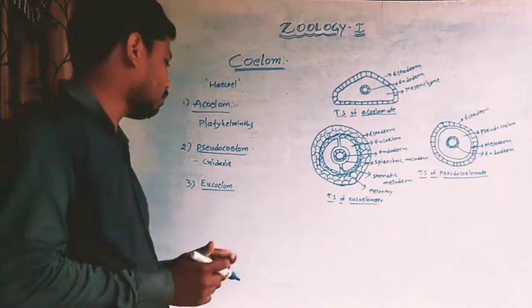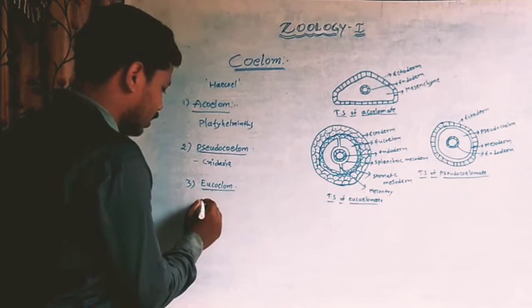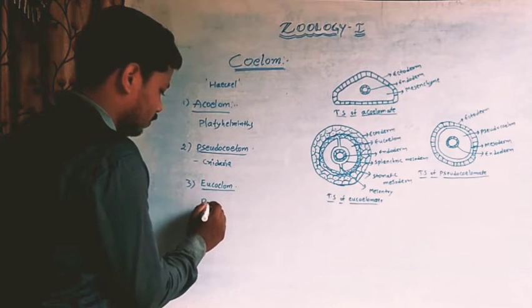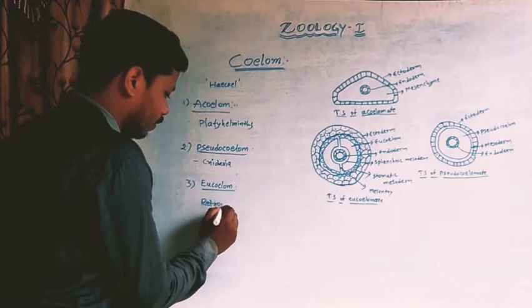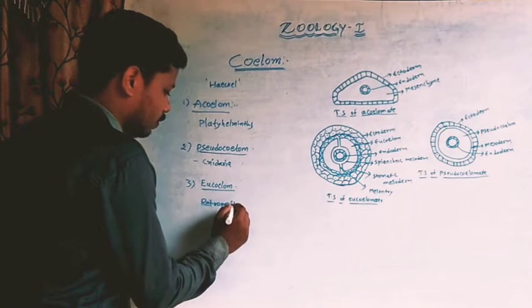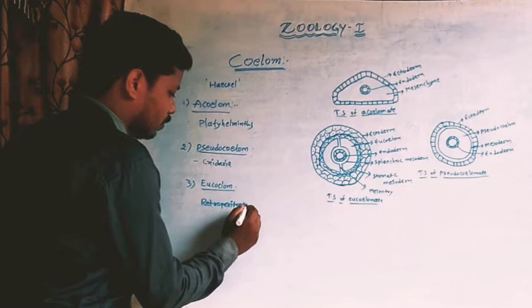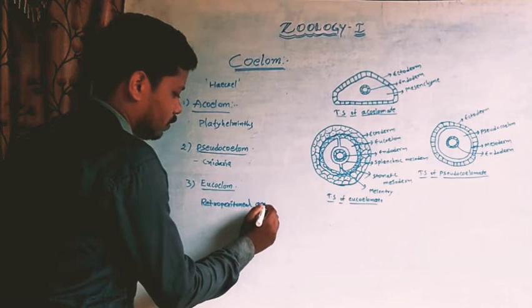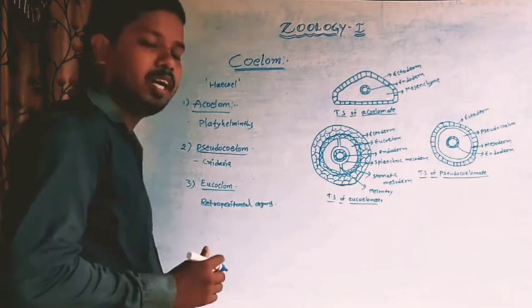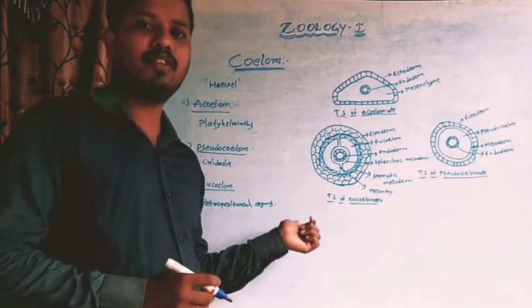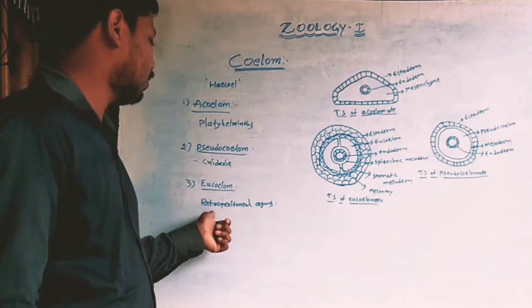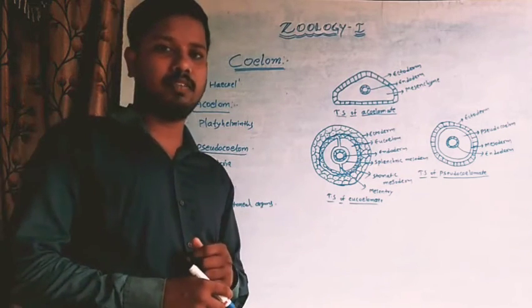Organs covered by the peritoneum are called retroperitoneal organs.